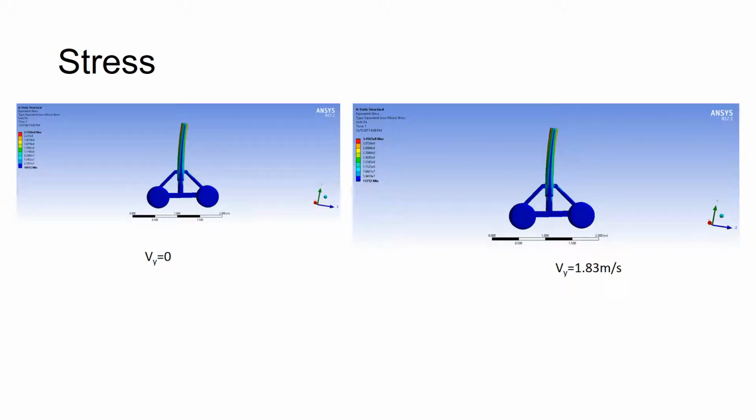And here's the stress distribution. We can see that the max stress appears at the top of the frame of the landing gear, and for the Vy equal to 0 condition, the max stress is about 250 megapascal, and for the second condition, the max stress is about 345 megapascal.